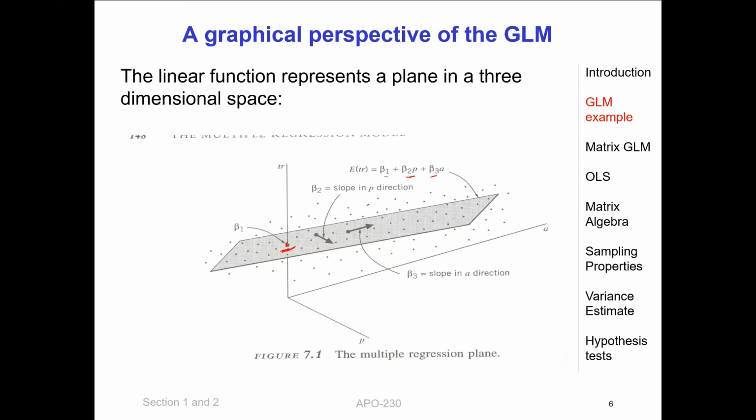And then the slope in the P direction is this one. Presumably you hold A constant at one place and flip the plane to the P direction, and you will see how the effect is.